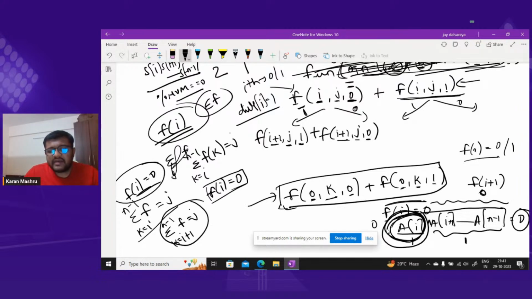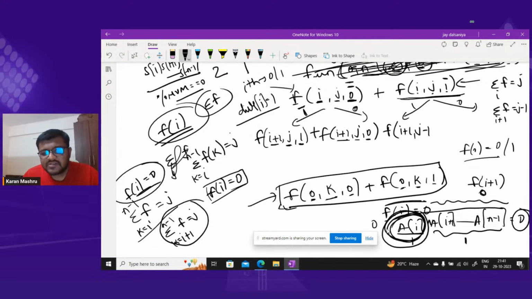Here the XOR value starting with the ith index is 1. If I take 1 at the ith index, I will call the recursive function on index I plus 1. This will become j minus 1. Why? Because the summation f value is j starting from I. Now at the ith index, if I have 1 in the suffix XOR, then the summation of f values from I plus 1 to n must be j minus 1.